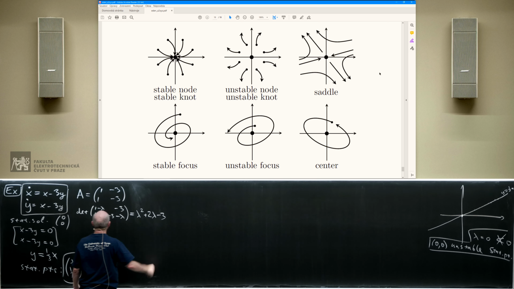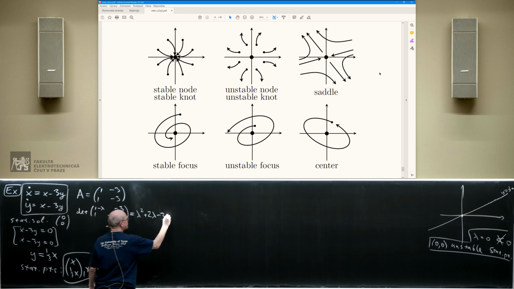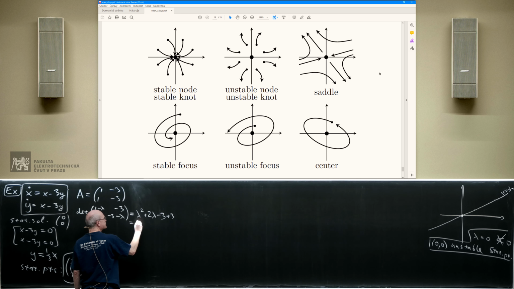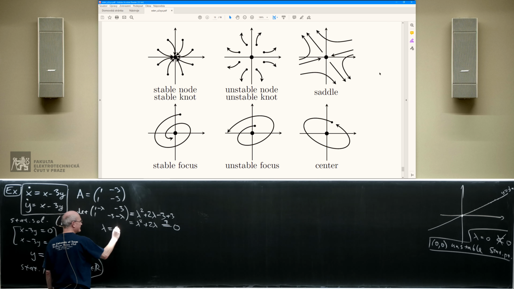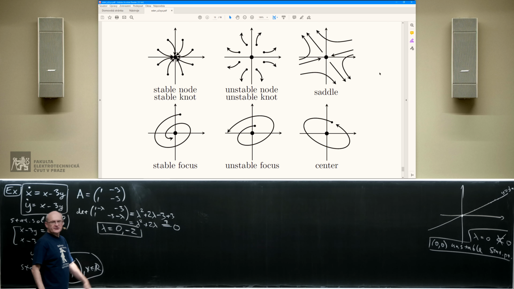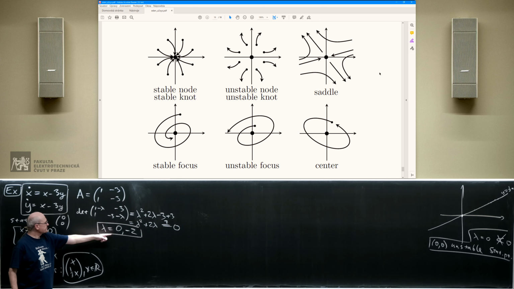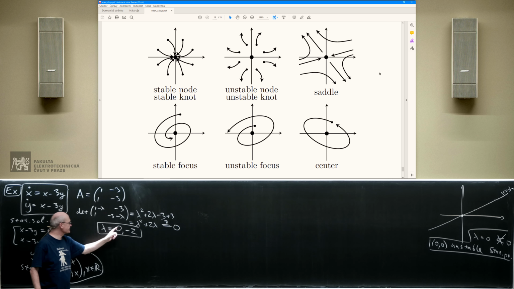Minus 3, plus 3. This is lambda squared plus 2 lambda. And perhaps this could be 0. And the answer is yes, it's 0 if lambda is 0 or -2. So there is one direction where the solutions are not approaching the origin or going away. It's a stationary type of solution, e to 0 times t. And then the second component in the fundamental system has e to -2t.